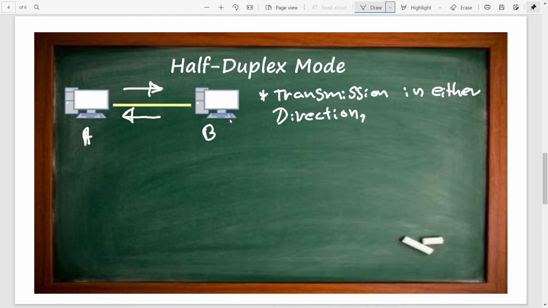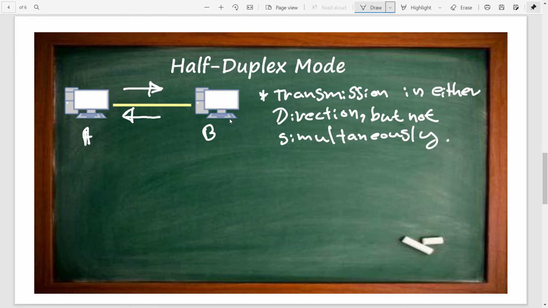Transmission can be done in both directions, A to B and B to A, but not at the same time. It is very important: not simultaneously. Transmission can happen in both directions, but not simultaneously. That is the basic of half-duplex mode.